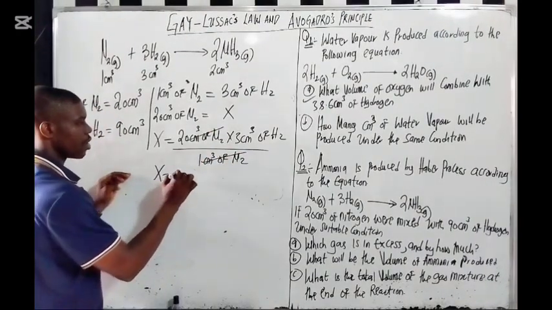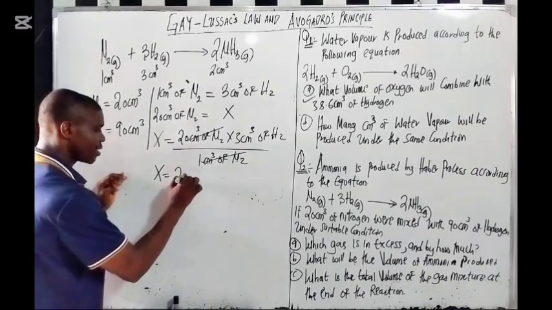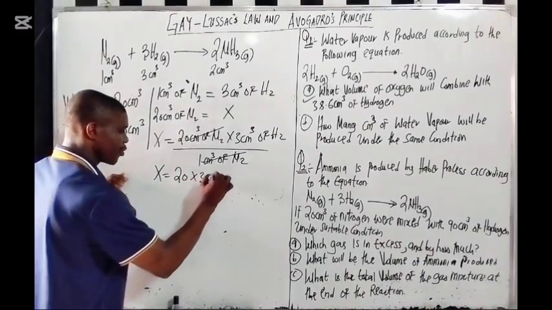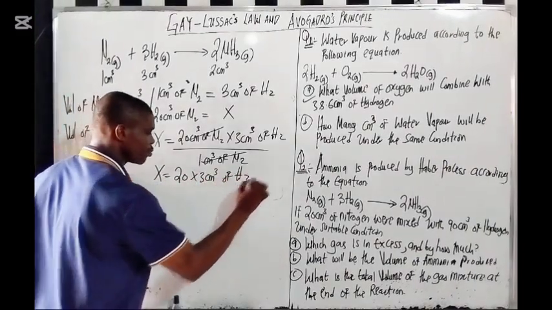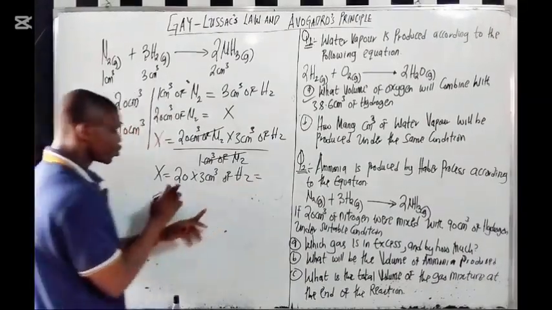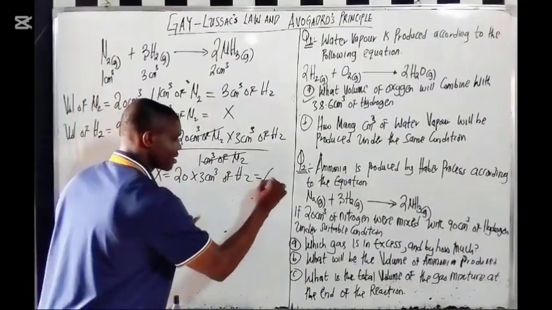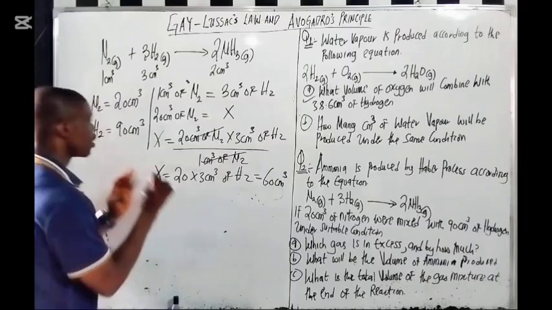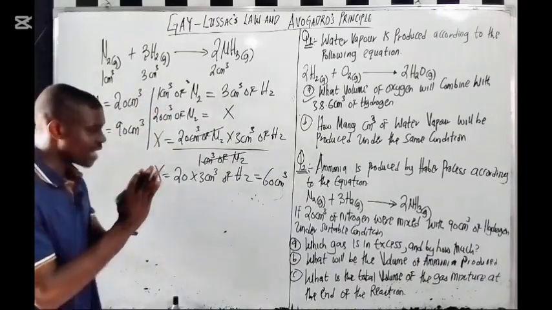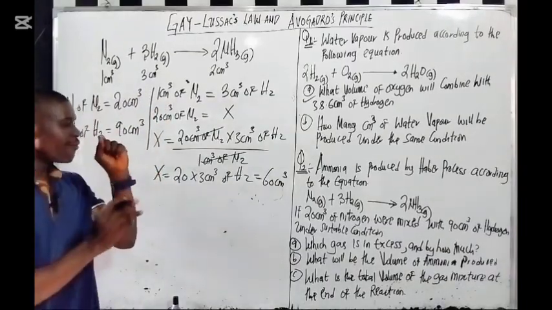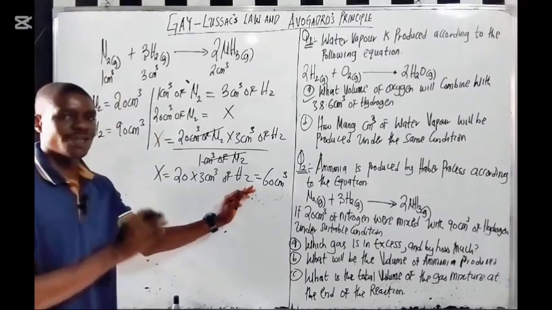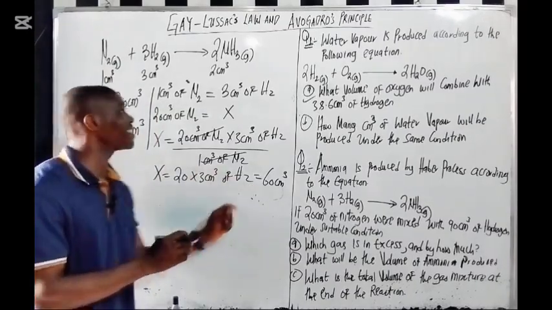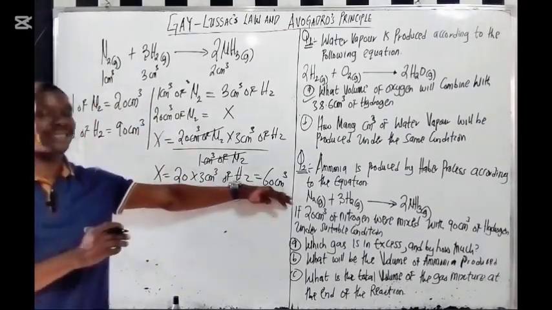20 times 3 cm cube of H2. What will happen? You're going to do 20 times 3, which is 60 cm cube. Do you understand? Please pay close attention here. It means that the volume of hydrogen that actually reacted with 20 cm cube is 60.